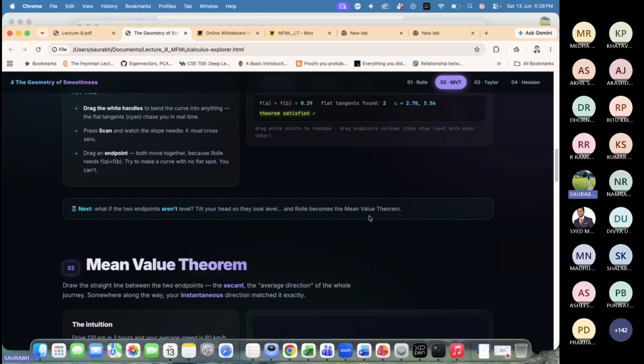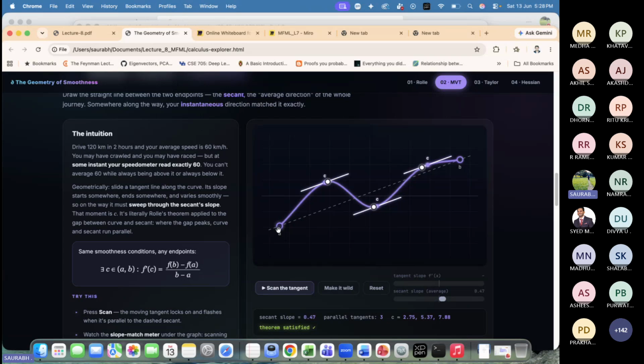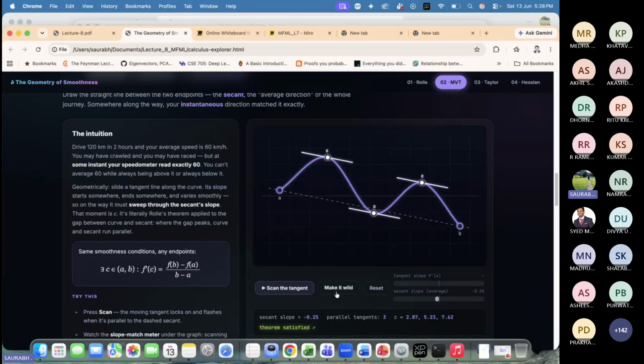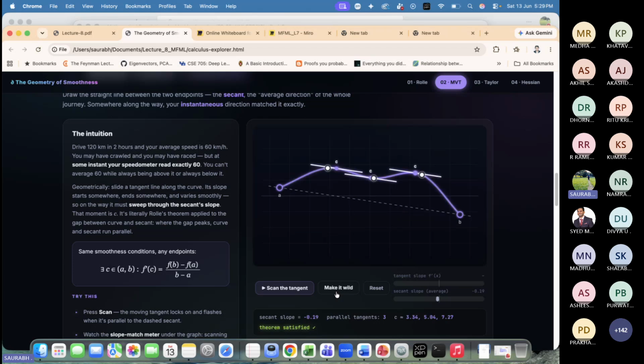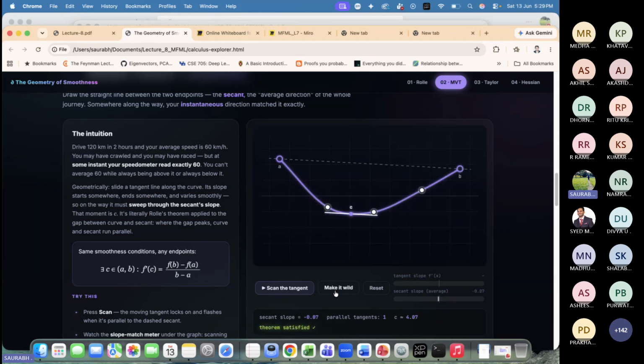Now, the second thing is if you have a situation where the function value is not equal to the function value wherever you start from and where you end. If the function's value is different, in that case, you would have a situation like this. Let me show it to you.